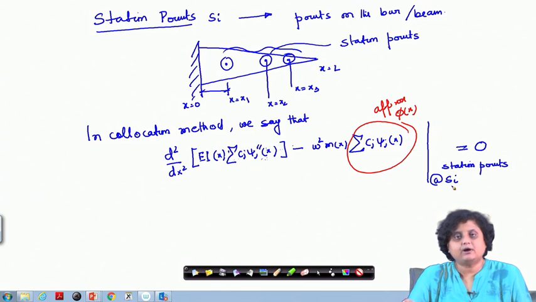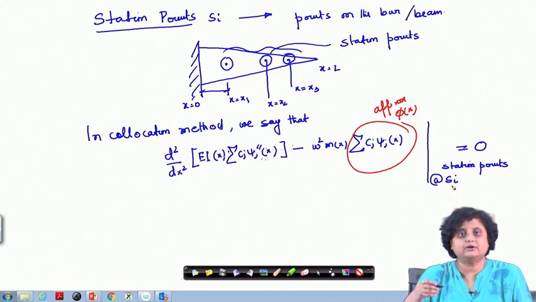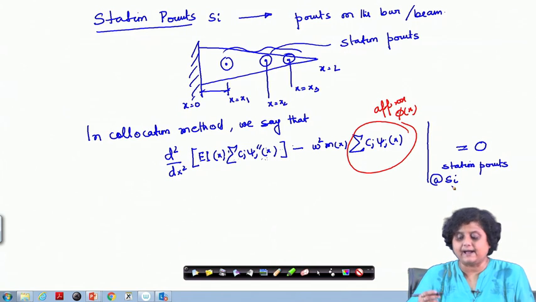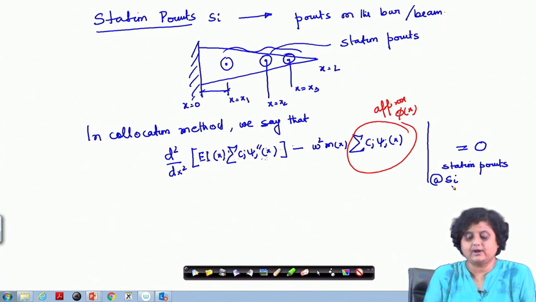The number of trial functions should be equal to the number of station points. So, if we have taken 3 trial functions, we have to choose 3 station points. We will get 3 equations, each corresponding to one station point, and from these 3 equations we can solve the 3 unknown Cj's, that is C1, C2 and C3.